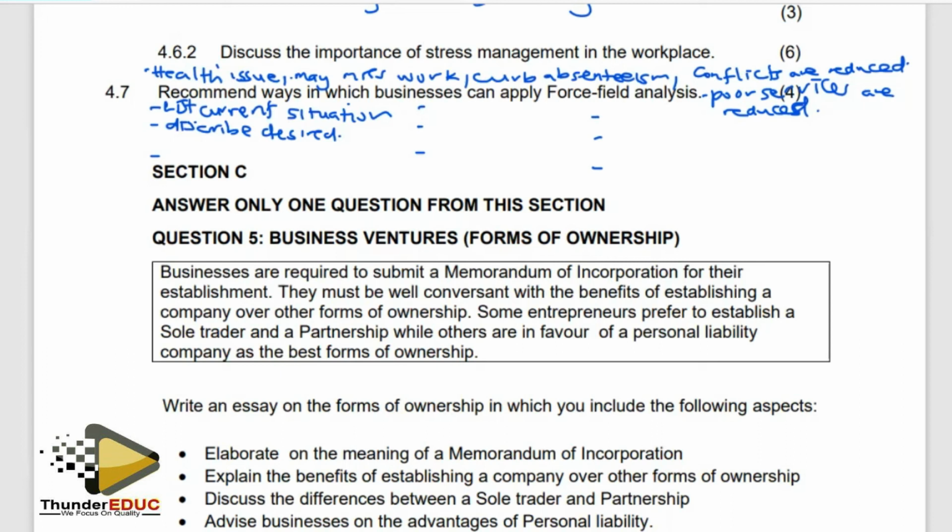So you have to write a plan for change. Say we need a plan for change. We need to change for the better.